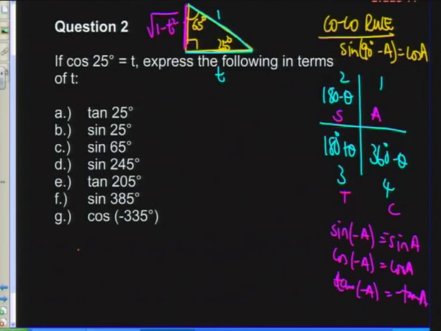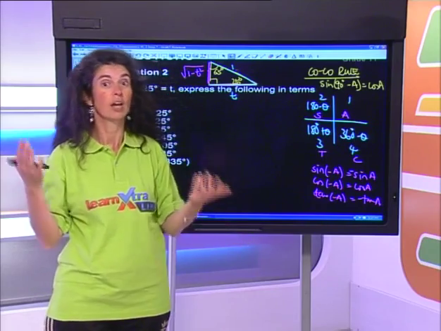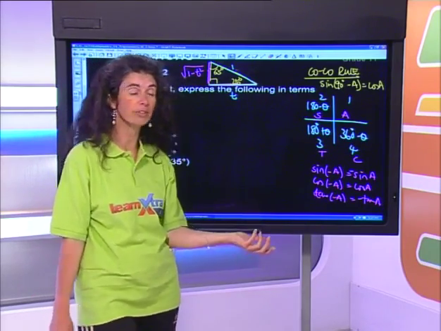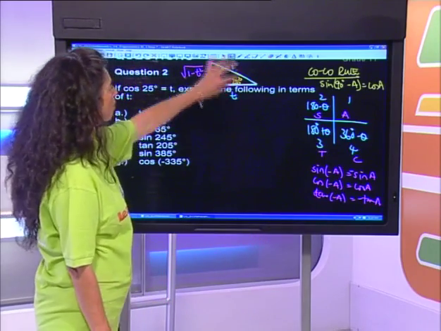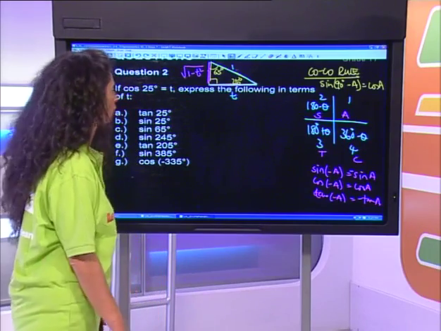So now I can define sine 25, tan 25, sine 65, tan 65. The moment I have an angle in a triangle, I can actually solve for the other three ratios. And I can solve for the three ratios of the angle that's complementary to it. Okay, so a very powerful tool for you to be able to work with reduction formulae.